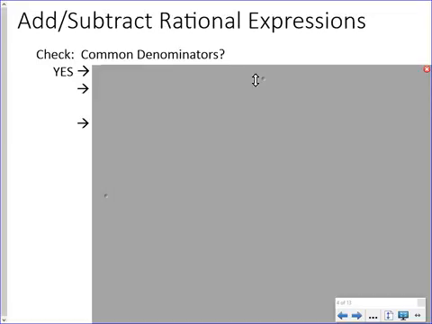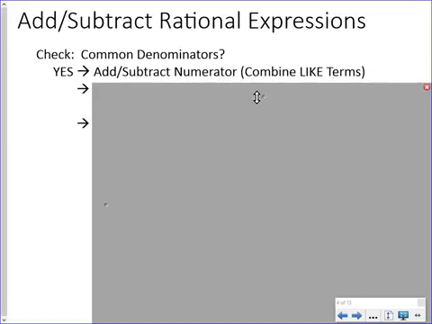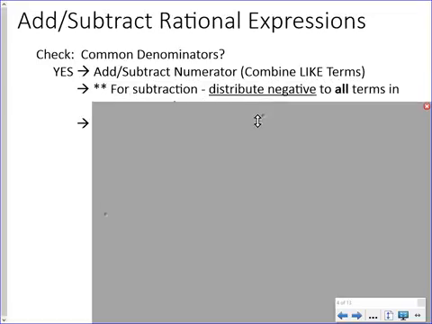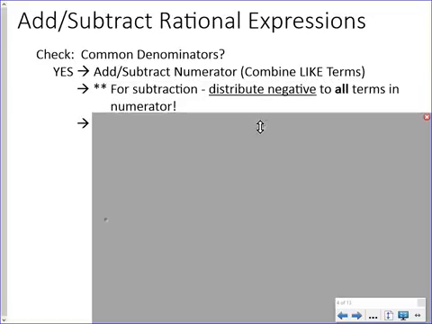If the answer to that question is yes, then you can go ahead and add and subtract like terms in your numerator. If you are subtracting, you'll have to be really careful to make sure that you distribute the negative to all terms in the second numerator.